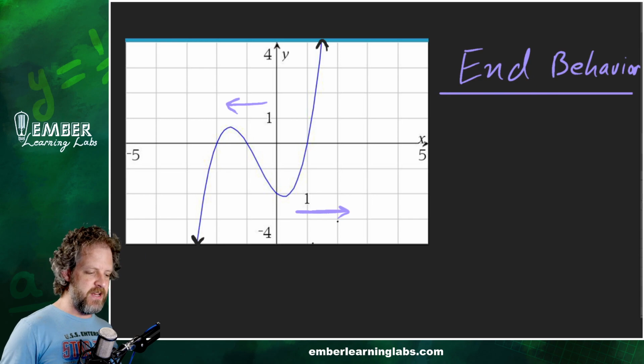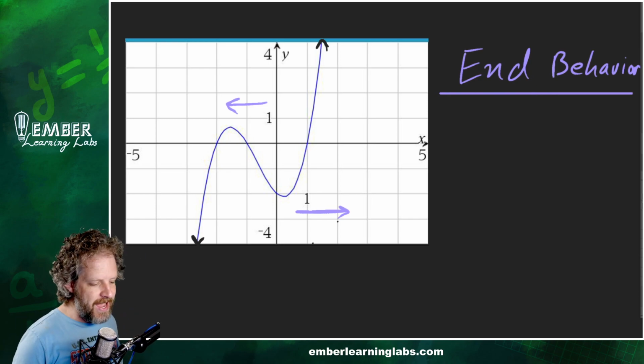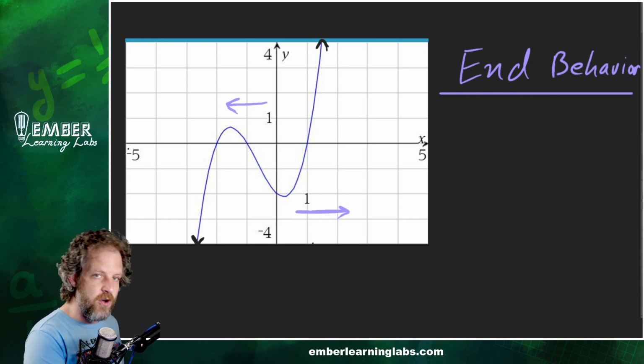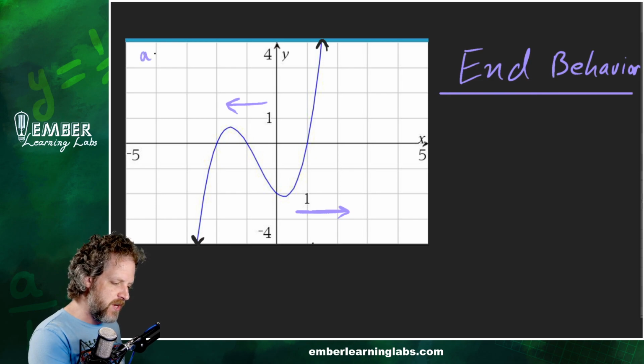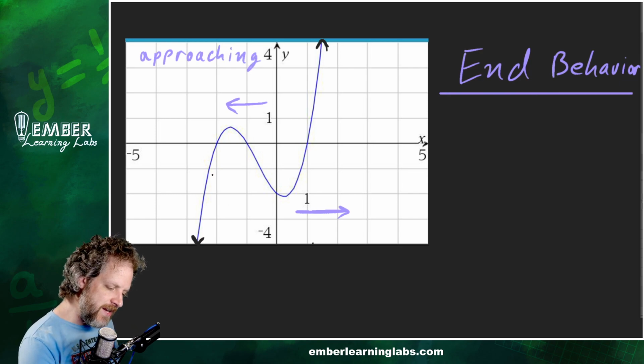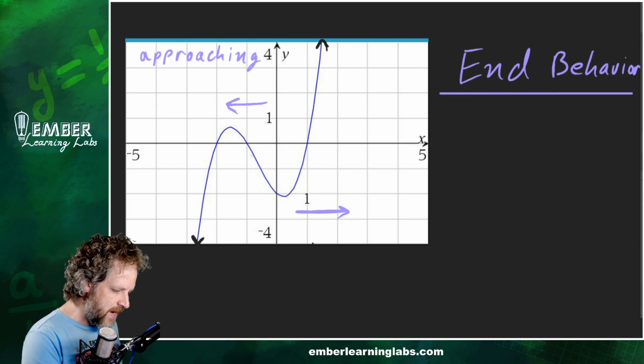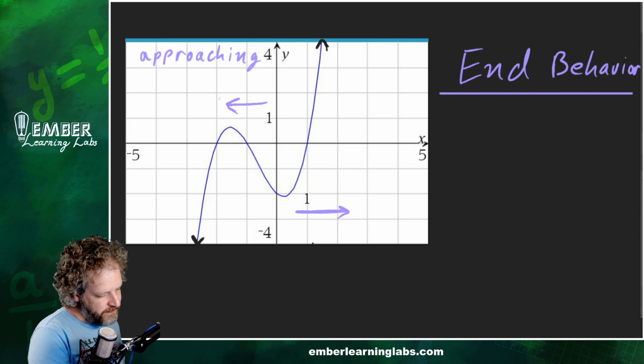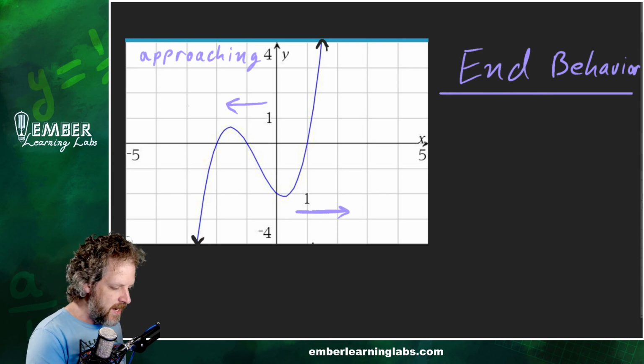In this particular function, as we continue to go left, what are we approaching? It doesn't ever stop going down. That's what I was talking about with these arrows. It continues to go down. As we are going to the left, this function is approaching negative infinity.